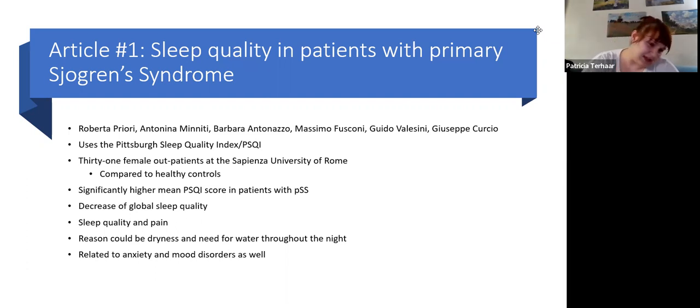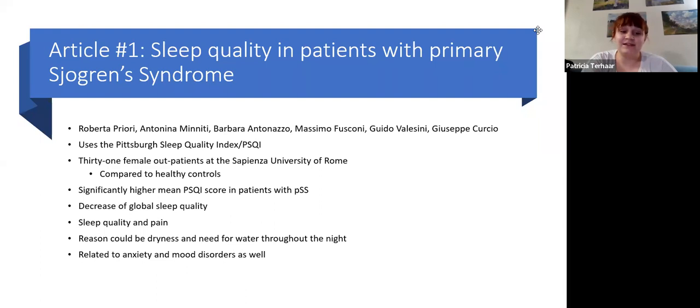So they tried to tie what was causing this decrease in sleep quality. They talked about pain, like the clinical manifestations we just discussed, the inflammatory joint pain and the difficulty swallowing. They saw that as a reason.